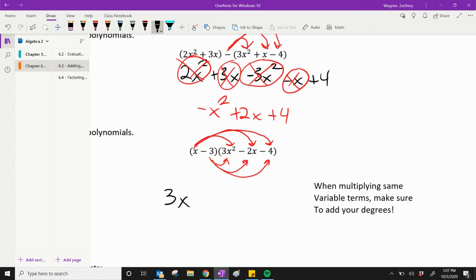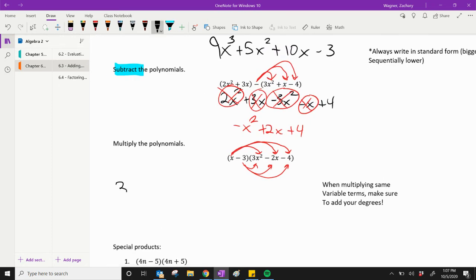The x variable stays the same, but x squared times x gives me x cubed. That is huge. I'm going to write that over here because I'm going to have a lot of terms. 3x cubed, x times negative 2x gives me minus 2x squared. X times negative 4 gives me minus 4x.